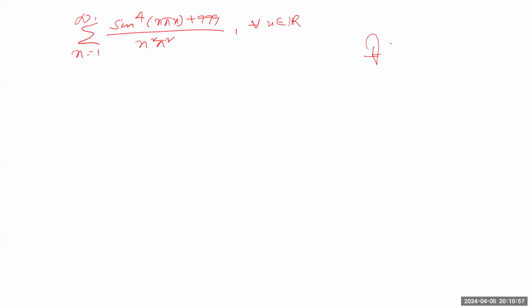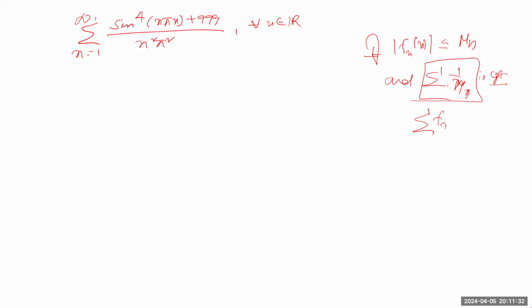If modulus of Fn of x is less than or equal to Mn, and the series of real numbers Mn is convergent, then the original series summation Fn, where n equals 1 to infinity, is convergent. That is the Weierstrass M test.